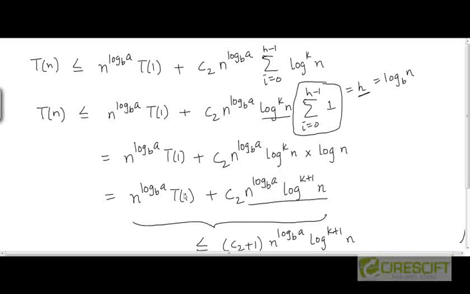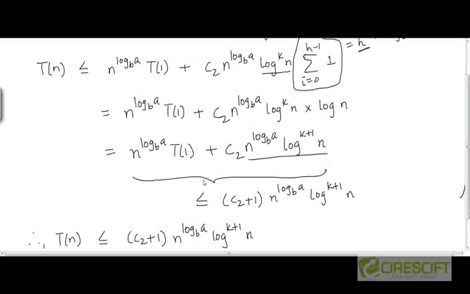So this is a lower order term, and we can in fact easily prove that this whole sum is less than or equal to c2 plus 1 times n to the power log base b of a times log to the power k plus 1 of n.